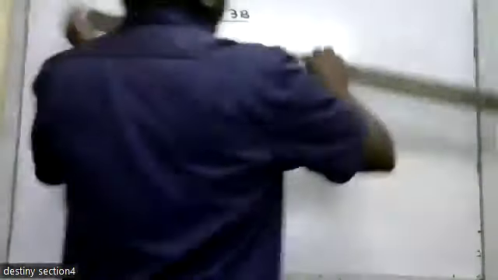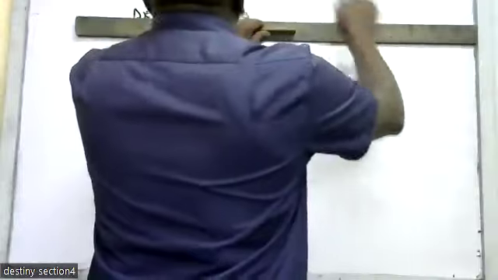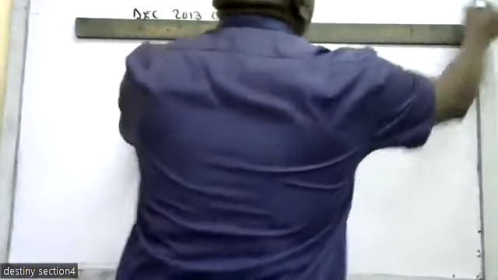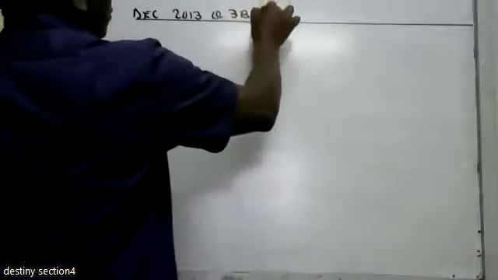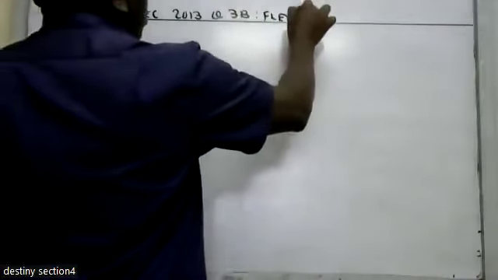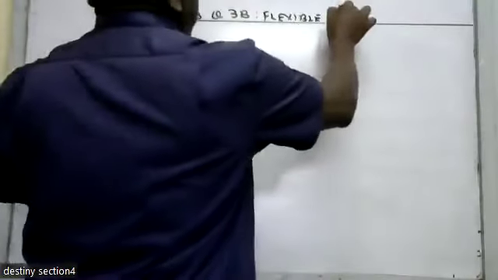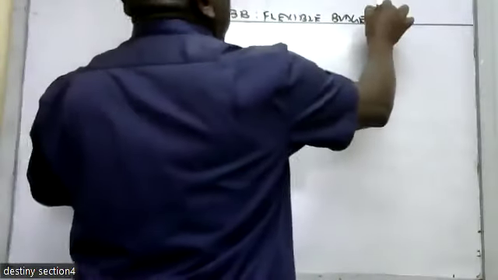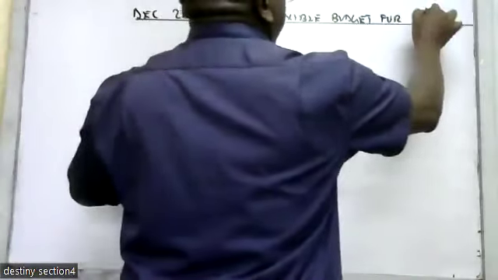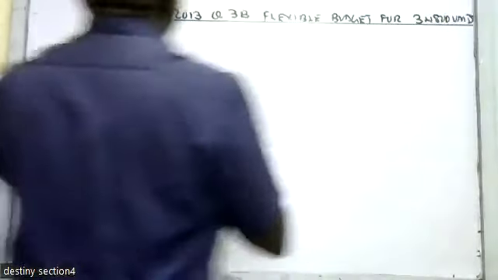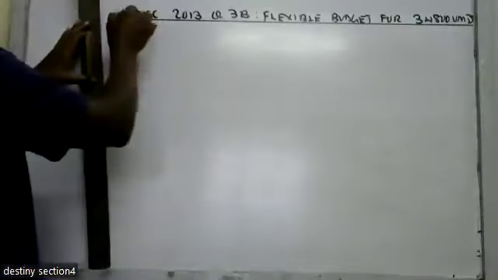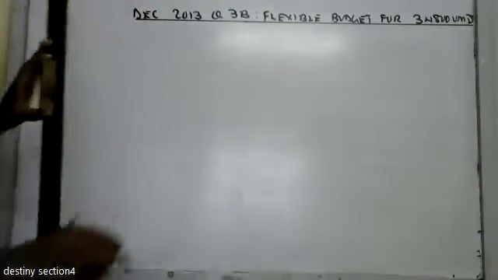So because I don't have time to finish, nataka nikusaidie utajipanga. So flexible budget for 34,800 units. So you have details.